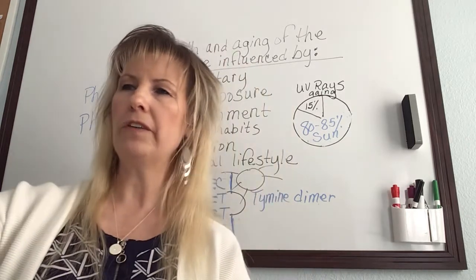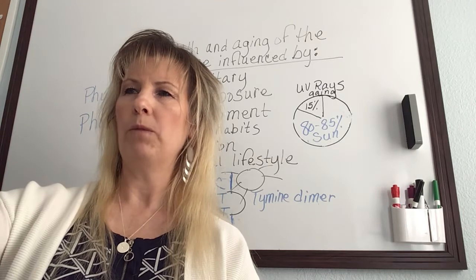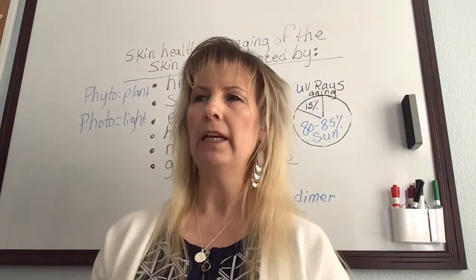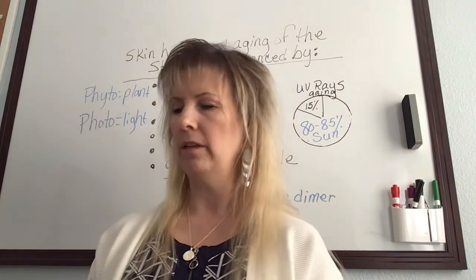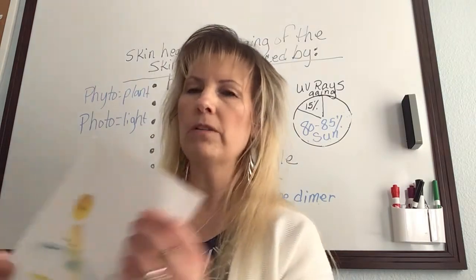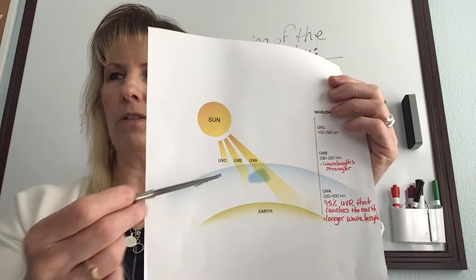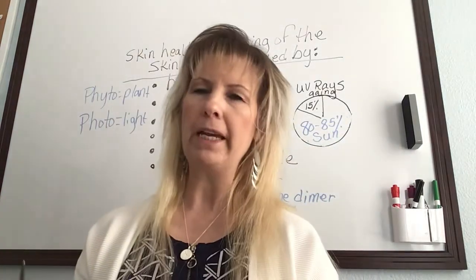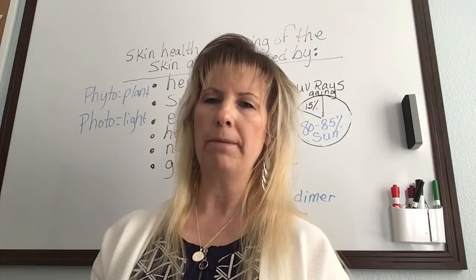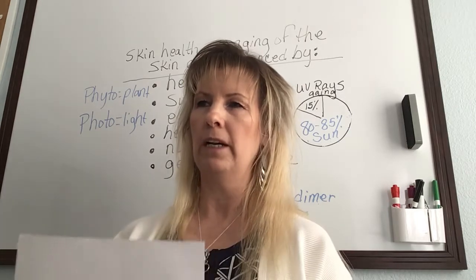And so the UVC has way more energy than A and B, and it does react with the ozone. So most of the UVC is blocked here by our ozone layer. If it made it through our ozone, it would wipe out all plant and animal life.